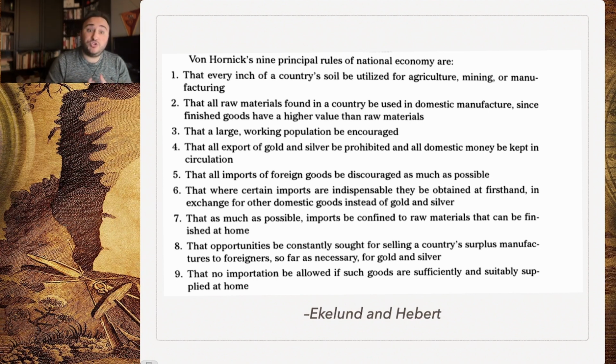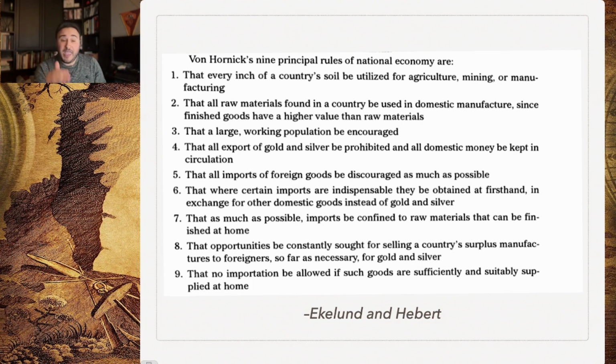And number 2, that there's quite a few of these that mention that you should be limiting how much gold and silver exits your country, because remember, that's the source of your wealth, okay? So, for example, you want to focus more on bartering, or if you have to bring goods in, make sure that they're raw materials and then you finish them at home because those finished goods have a higher value. All of this matters because, secretly, this explains the transatlantic slave trade.